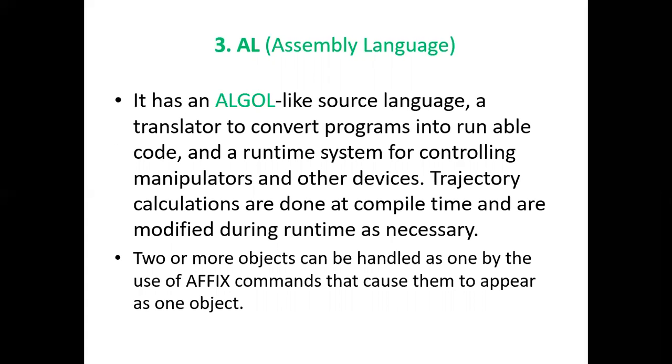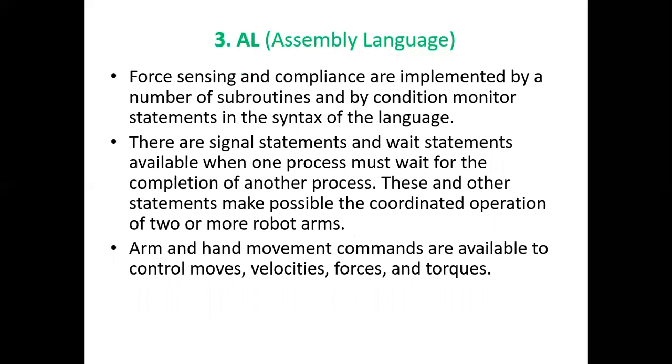Like a source language, it is translated to convert programs into runnable code, with a runtime system for controlling manipulators and other devices. Trajectory calculations are done at compile time, and are modified during runtime as necessary. Two or more objects can be handled as one by the use of affix commands that cause them to appear as one object.